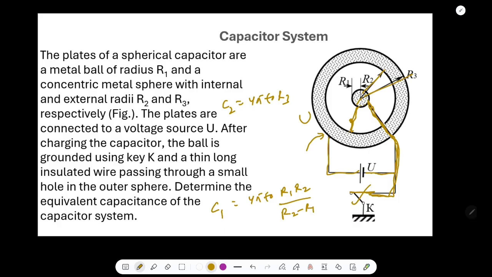And if you like, you can make an equivalent circuit containing both the capacitors, and you can find the total system capacity. And what is this?